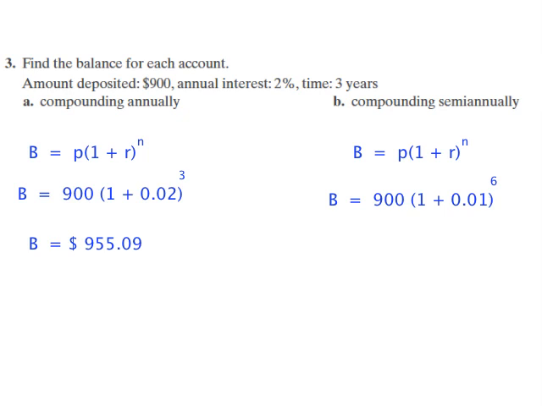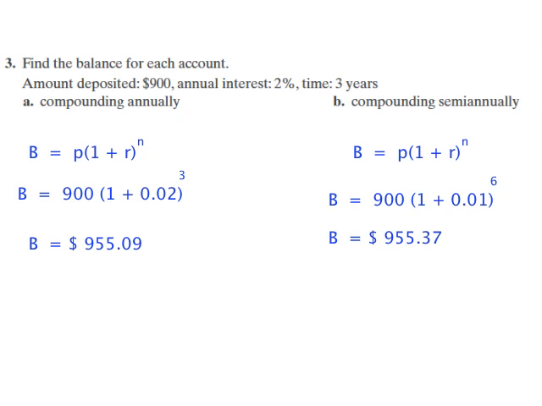Our exponent is the number of times it's actually figured. Since it's semi-annually, that's twice a year for 3 years, so it would be 6. So we have 900 times the quantity 1 plus 0.01 to the 6th power. When you take 1 plus 0.01 to the 6th power times 900, you get $955.37. Again, we rounded to the nearest cent.